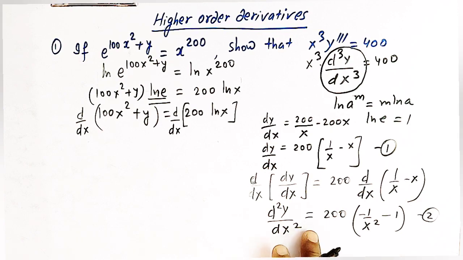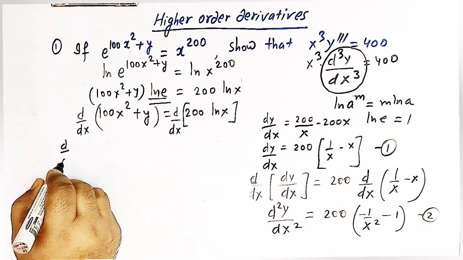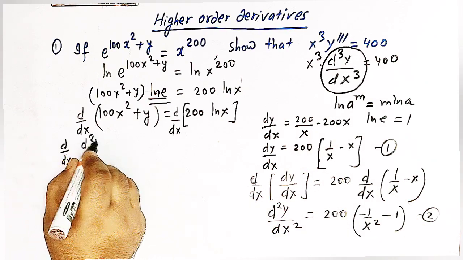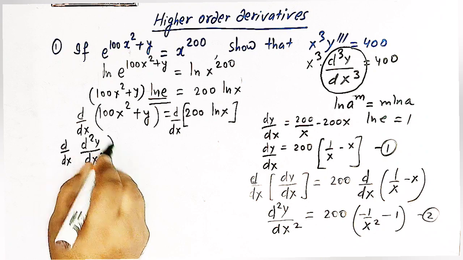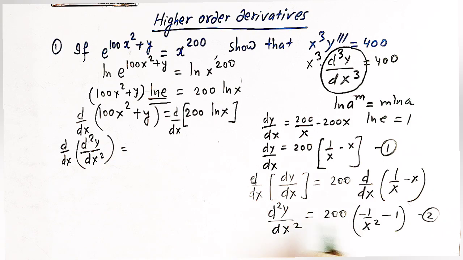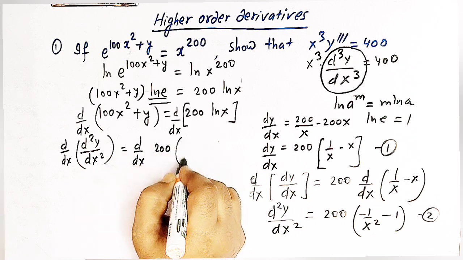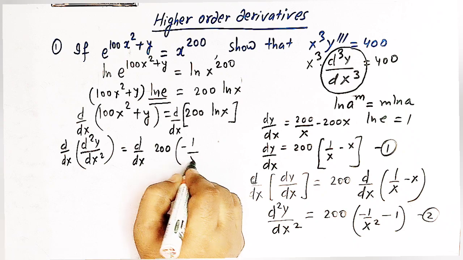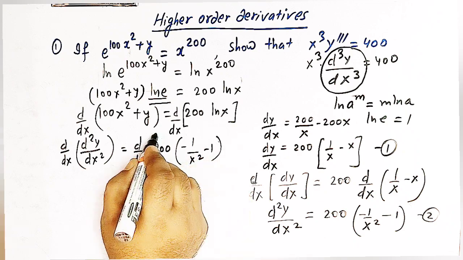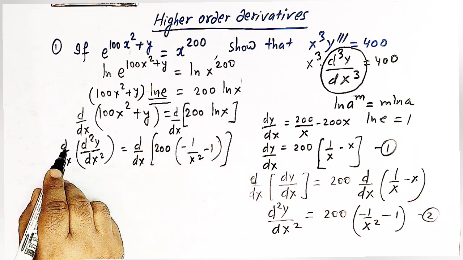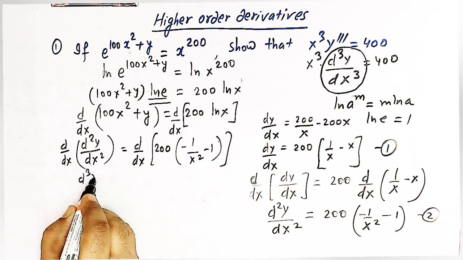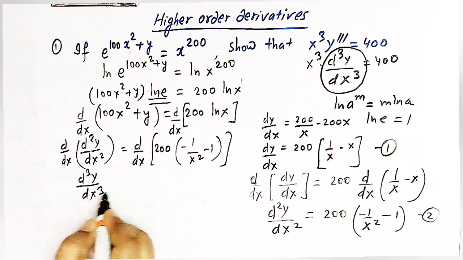So this is the expression for the second order derivative. Now let us differentiate both sides to get the third derivative. So we have d by dx of d2y over dx2, and here we have d by dx of 200 times minus 1 over x square minus 1. So this becomes d3y over dx3, that is the third order derivative.